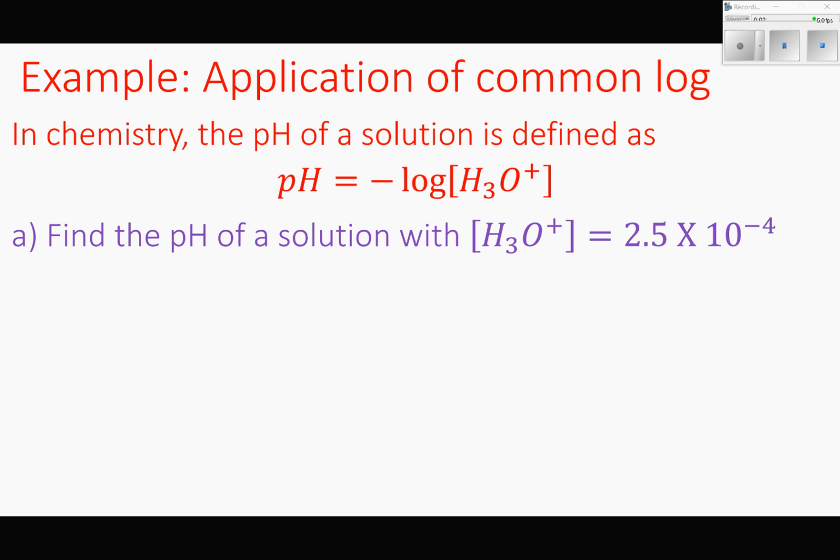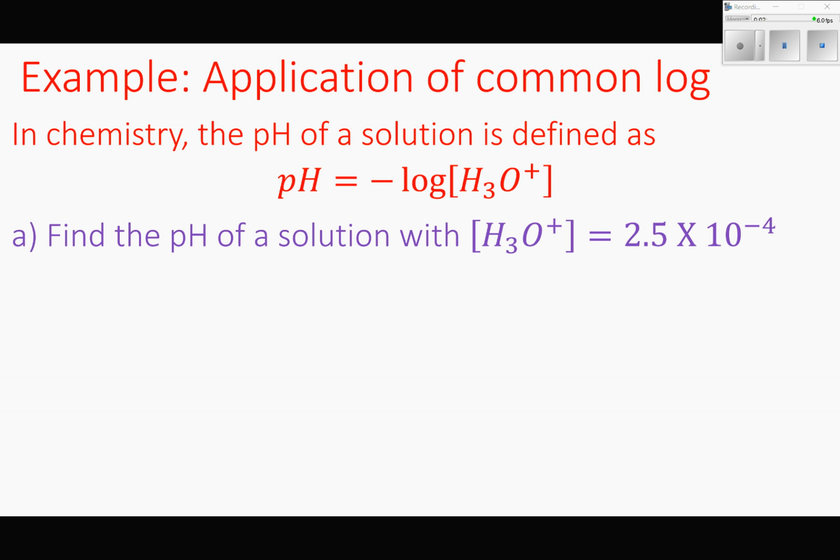We can get into some applications when dealing with common logs. In chemistry, the pH of a solution is defined by this formula. It's not a formula you need to memorize or be able to derive; this would be given to you in the problem. The pH of a solution is the negative of the log of the concentration, where H sub 3 O plus is the concentration.